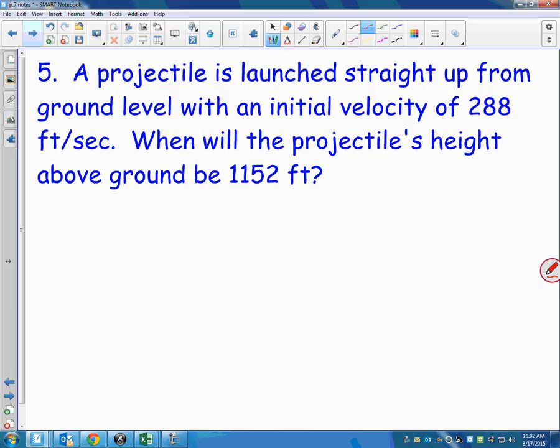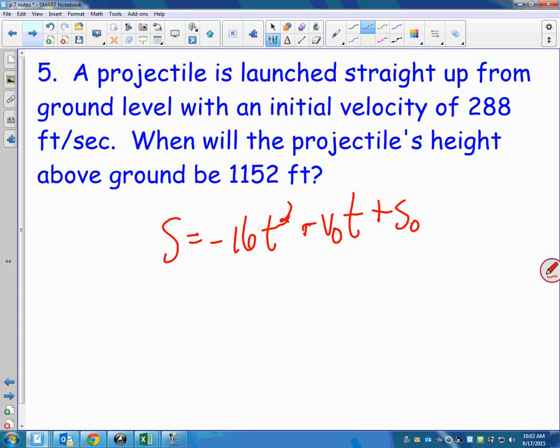It says a projectile is launched straight up from the ground level with an initial velocity of 288 feet per second. When will the projectile's height above ground be 1,152 feet? On a test, I'll give you that initial formula. S equals negative 16 t squared plus v sub 0 t plus s sub 0.